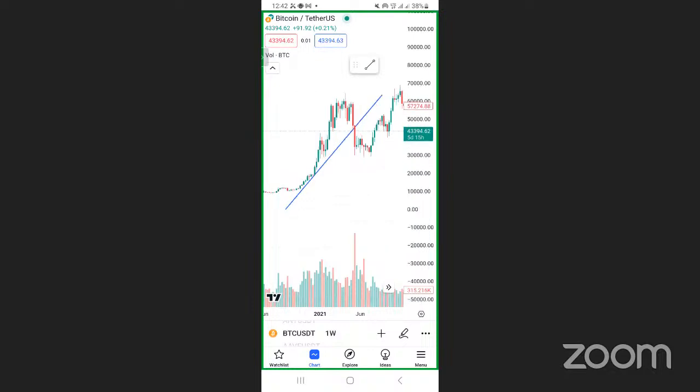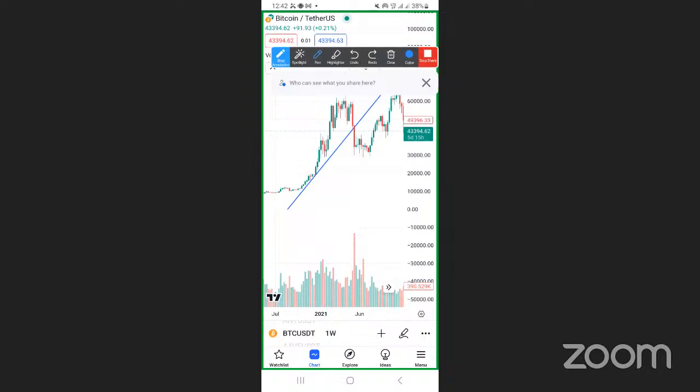But one day we closed, we got a candle, not a day, but a week, below the trend line. It showed us that the trend had changed. So that's why you saw very many weeks of us trading below the trend line. I think this week we fell below, even this week.